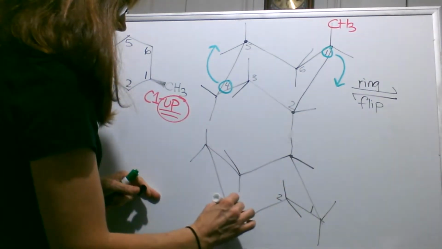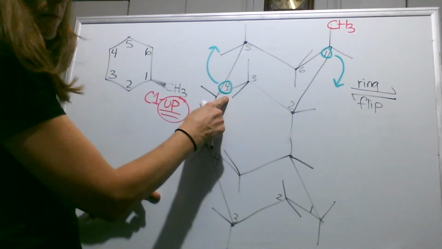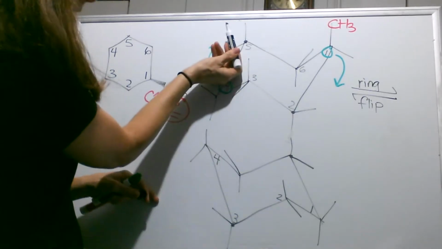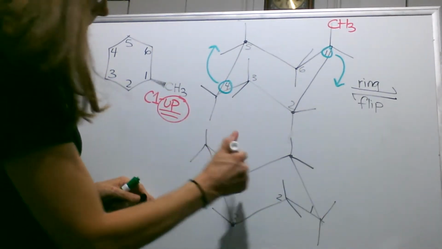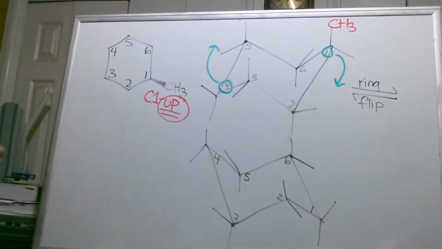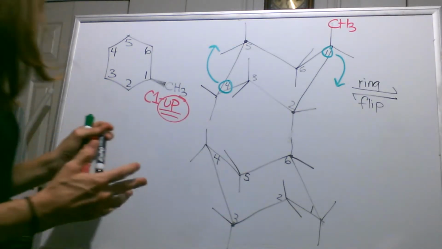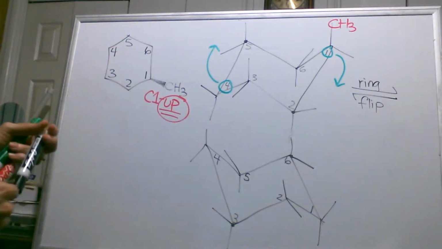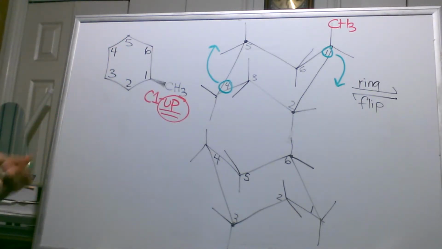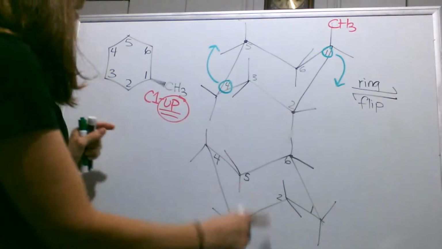This is 2, this is 3, this is 4. Okay, that makes sense. What I said was carbon 4 flips up. There's carbon 4 flipped up. 5, 6. Okay, if you forget that, then everything will be completely messed up, and later when you go on to make some other predictions about the stability of a given conformer, then your predictions will be off. So you want to be really deliberate about where those carbons are numbered.